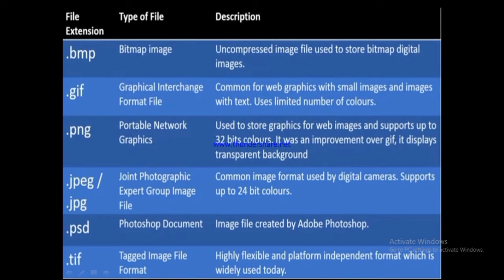Next one is .tif. TIF is the file extension. Type of file is tagged image file format. Description is a highly flexible and platform independent format which is widely used today. It is a bitmap image.